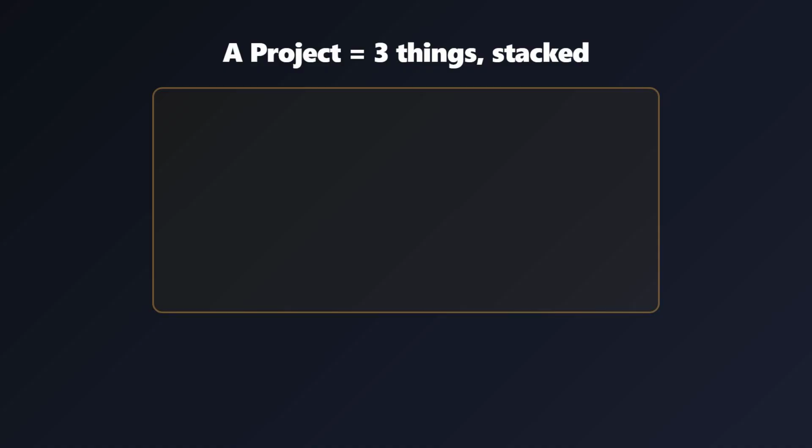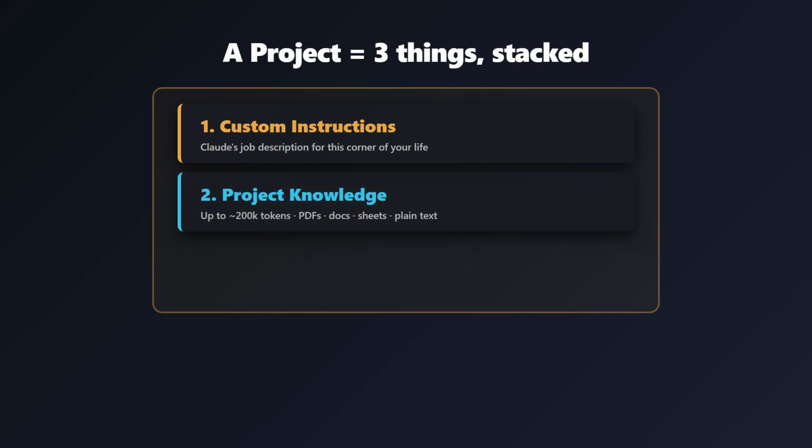A project is three things stacked. One, a custom instruction, a paragraph you write once that tells Claude who you are, what your role is, how you want it to talk to you. Claude's job description for this corner of your life. Two, knowledge. Up to about 200,000 tokens of pre-loaded reference material. That's roughly a 500-page book.